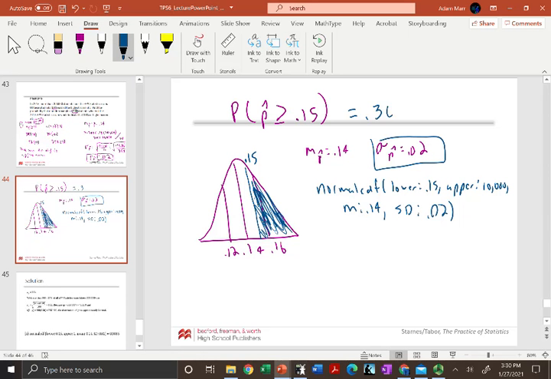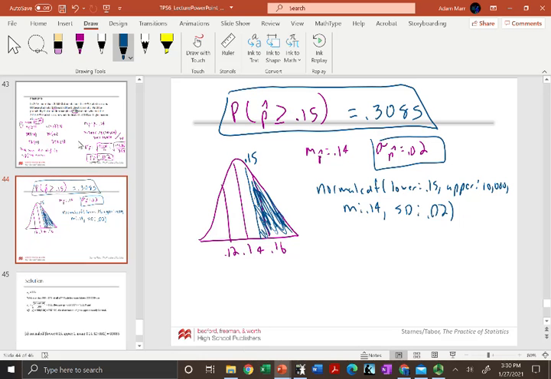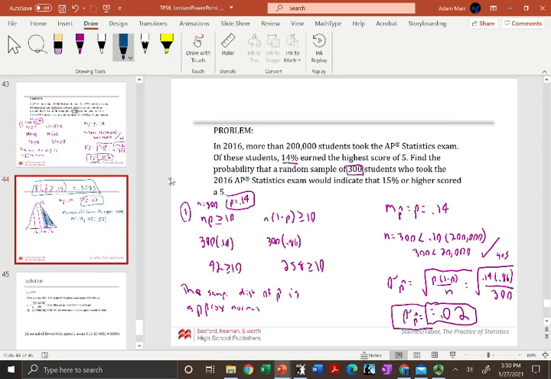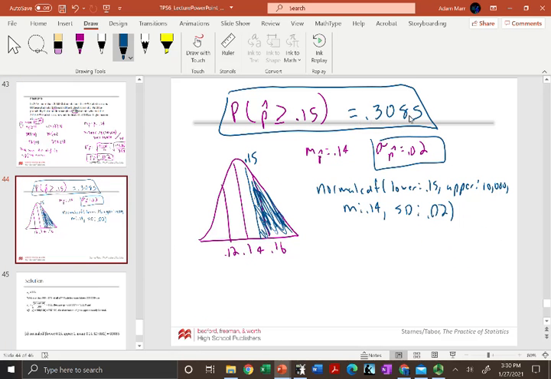So my probability is going to equal 0.3085, so about 30%. To answer the question, if you had to interpret, in this case you didn't, but the probability that in a random sample of 300 students who took this 2016 AP exam, 15% or more would score a 5 is 0.3085.